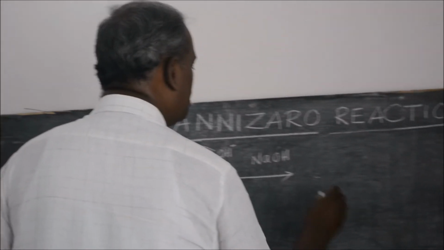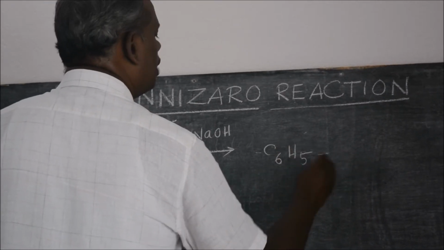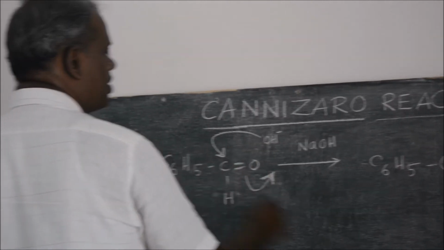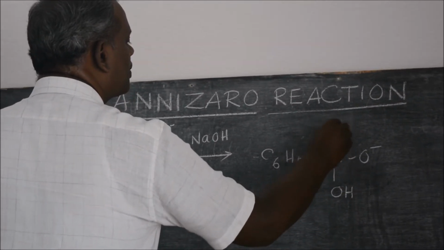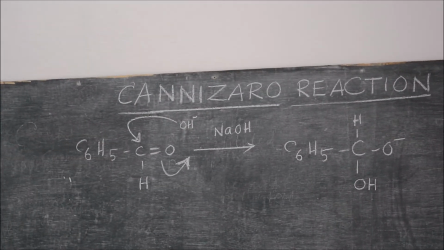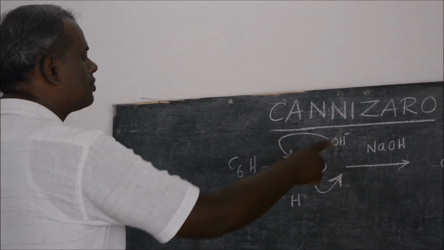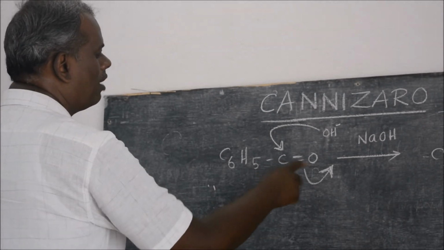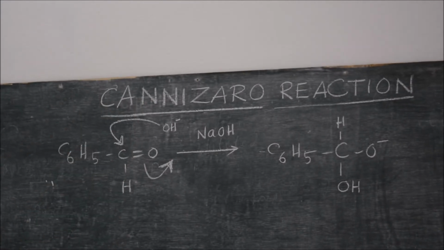So this is the intermediate we can have, C6H5CHO minus with OH. Already the carbon is having the hydrogen. So that's stage 1. I repeat, while the nucleophile attacks, a new bond is formed between these two. Due to that, the existing bond is broken, thus oxygen is carrying minus. So that is stage 1.